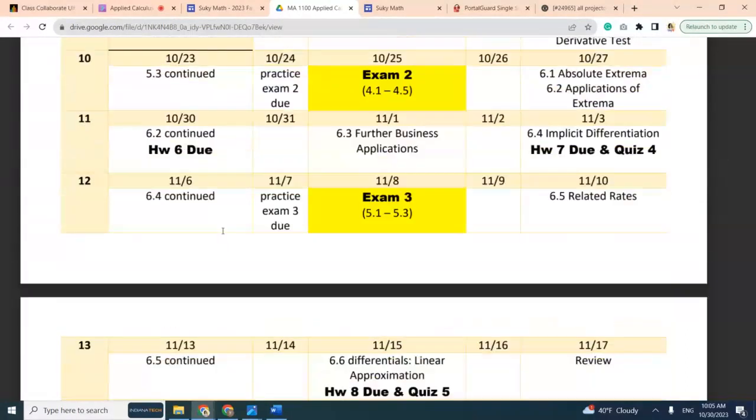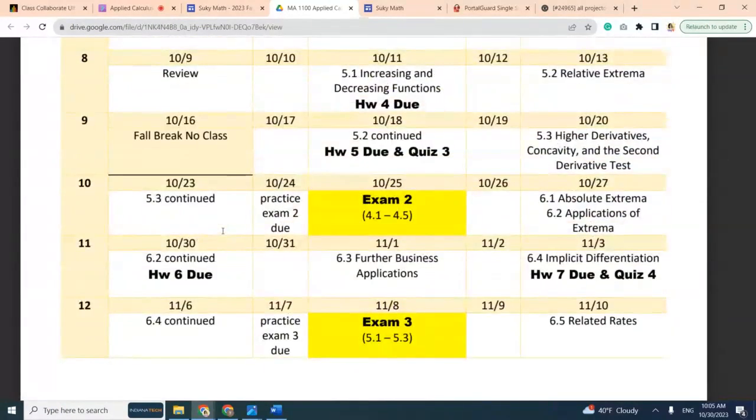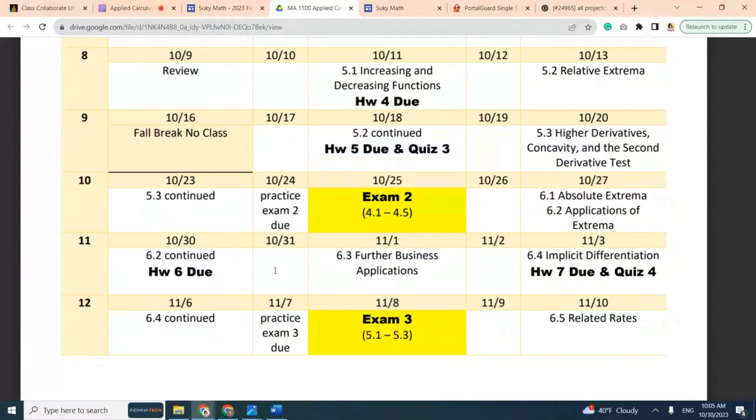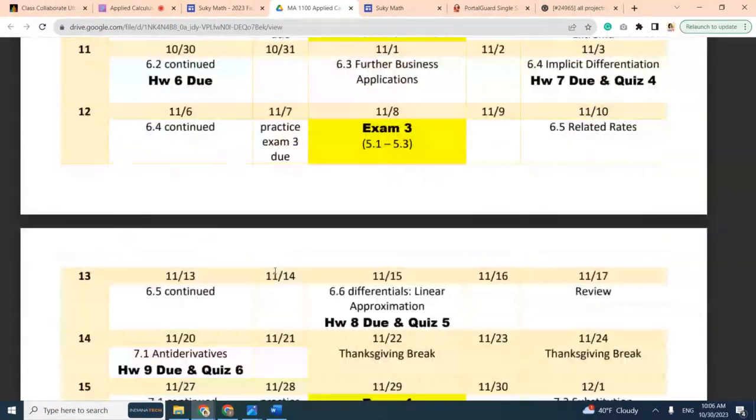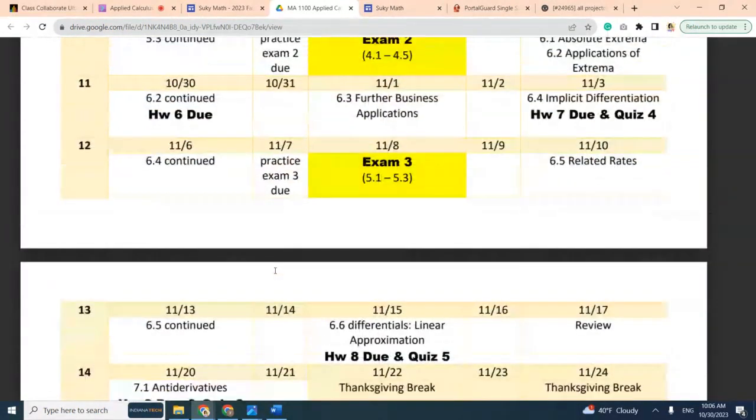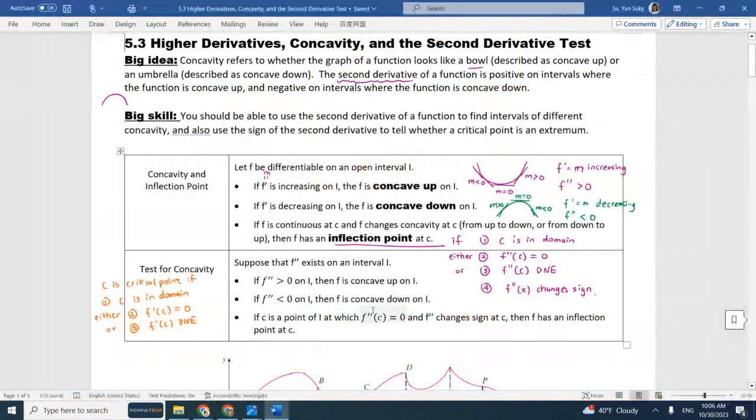This week you have 2 homeworks and 1 quiz. And then next Wednesday, you have exam 3. So I need you to study hard, and yes, we're going to be very busy the remaining 1 month, right? Okay, so let's continue on section 5.3.